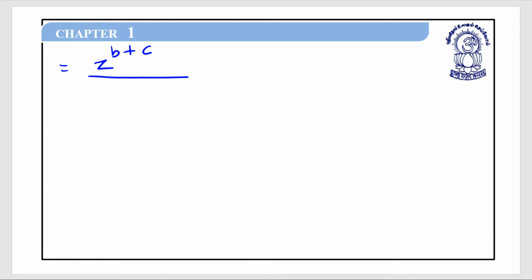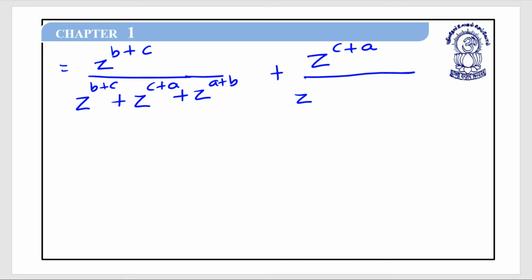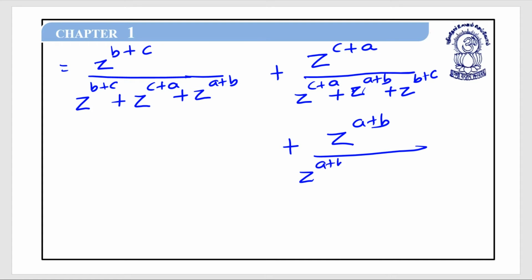So z raised to b plus c upon z raised to b plus c plus z raised to c plus a plus z raised to a plus b, plus z raised to c plus a upon z raised to c plus a plus z raised to a plus b plus z raised to b plus c, plus z raised to a plus b upon z raised to a plus b plus z raised to b plus c plus z raised to c plus a.